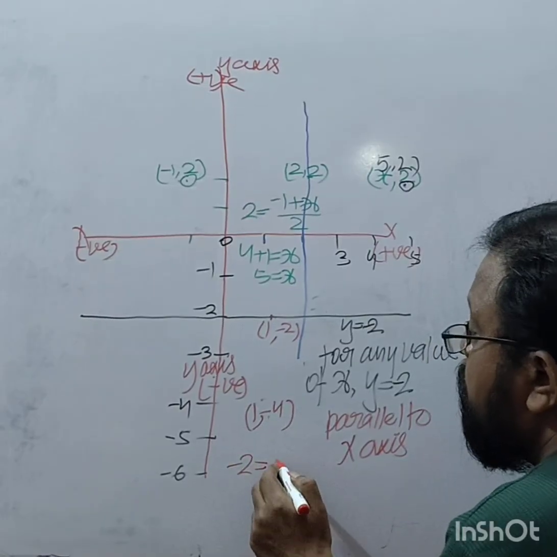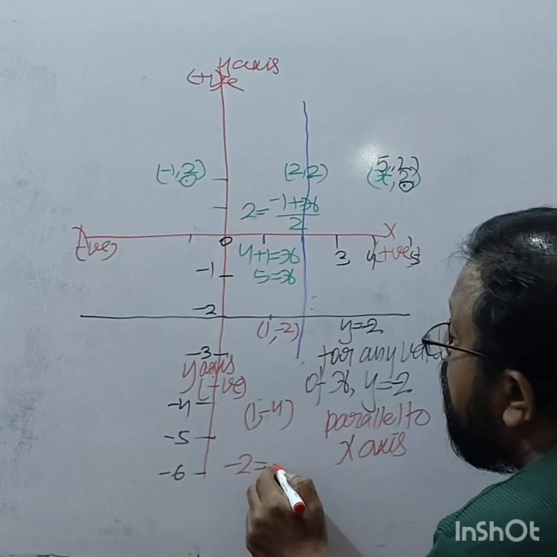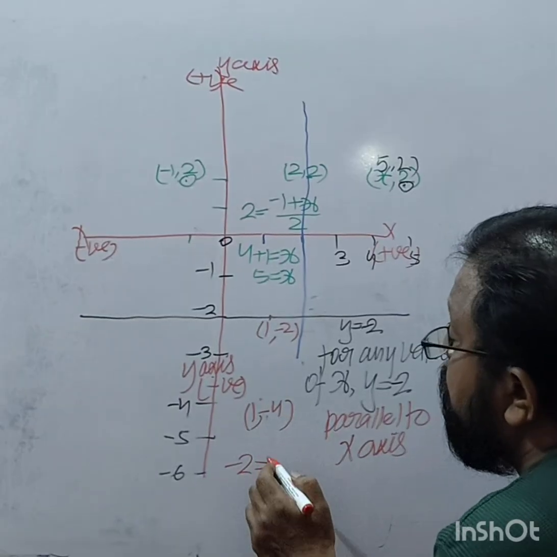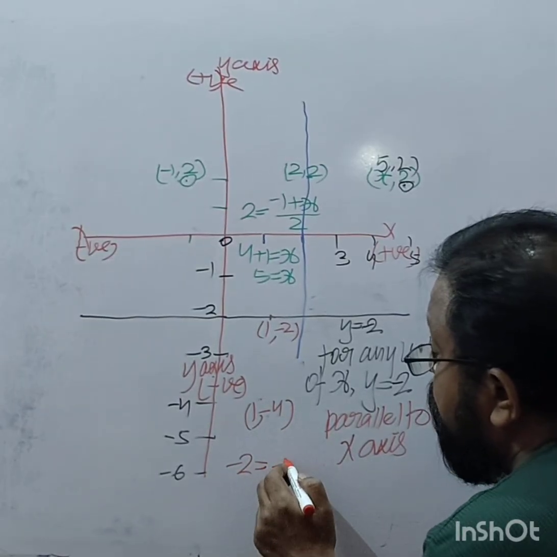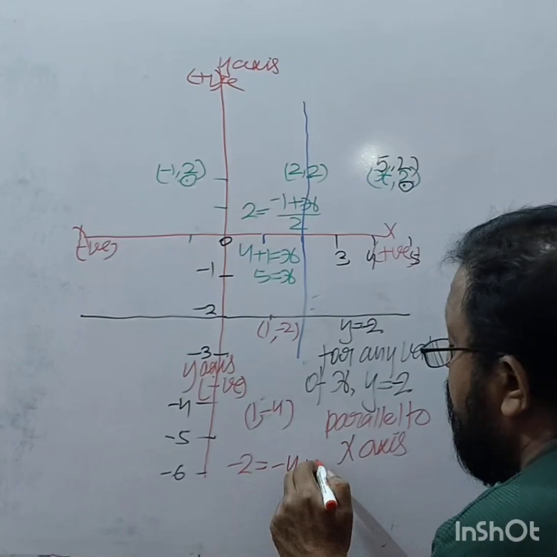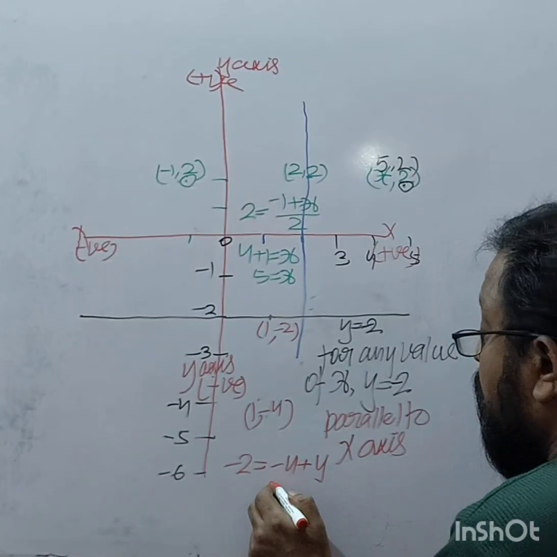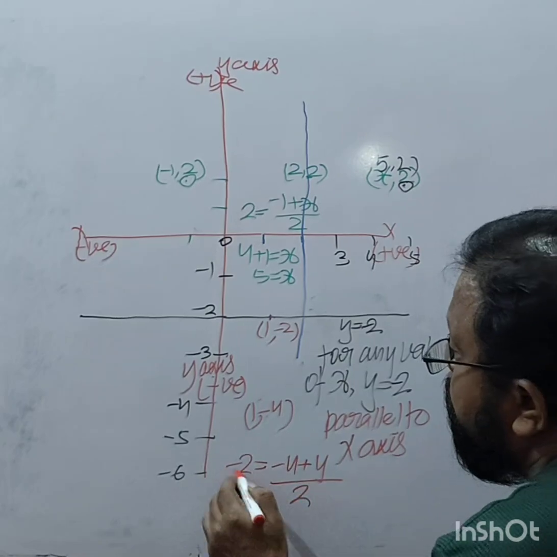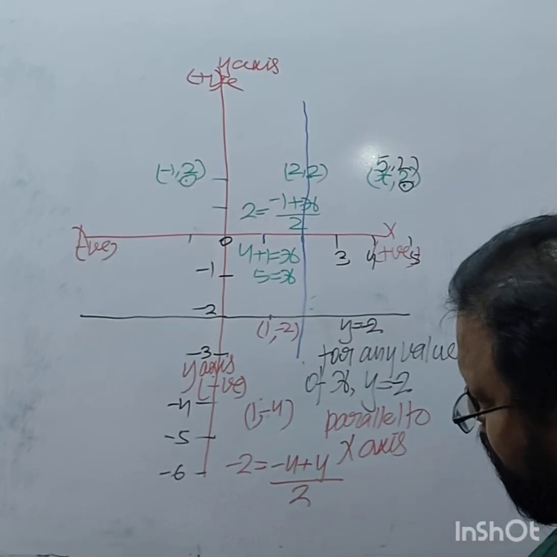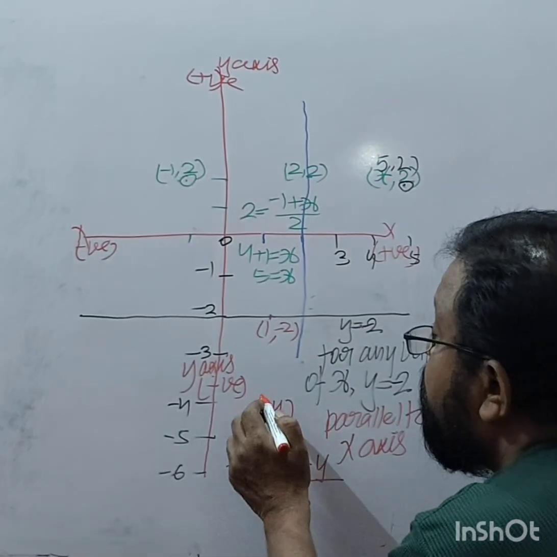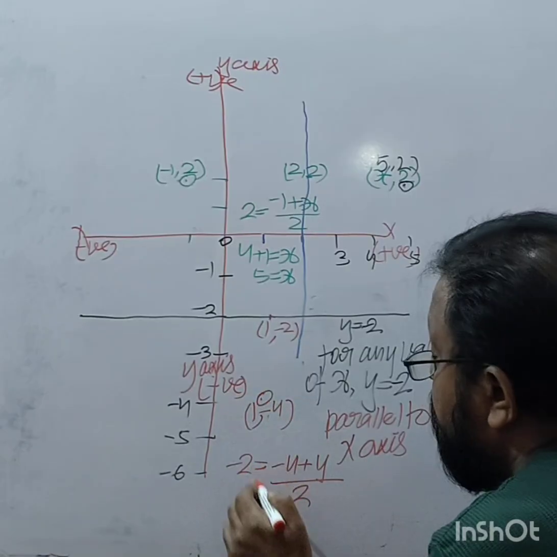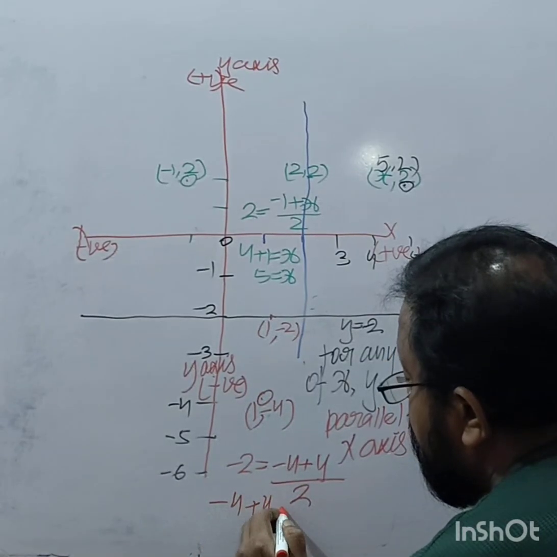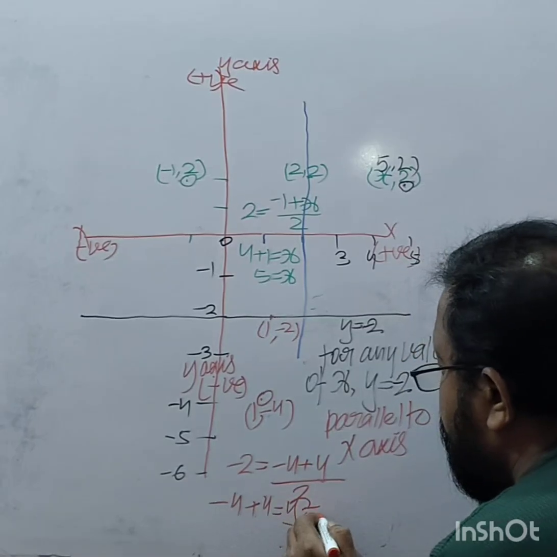is equal to, x is constant, minus 2 into (minus 4 plus y) upon 2. It is how much? 8. This is minus 4 plus 4 is equal to y.